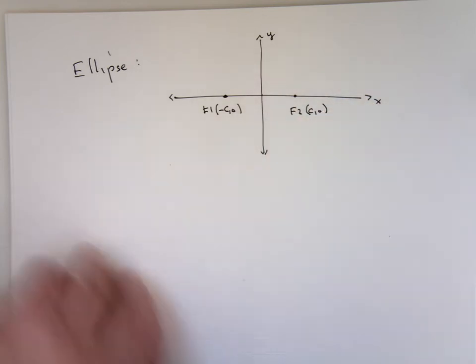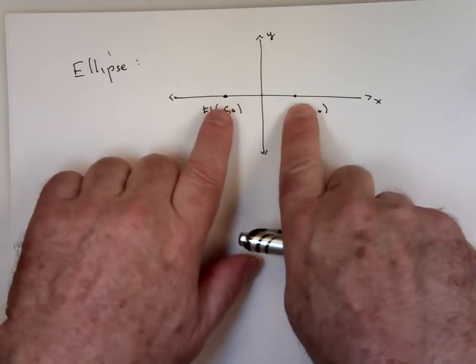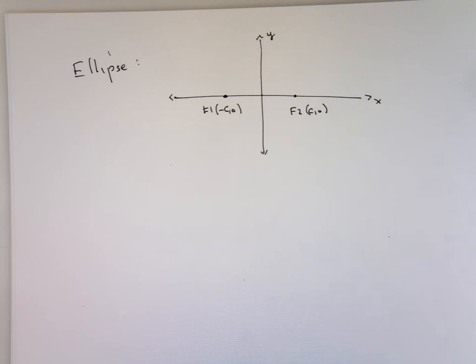Okay, let's start here. We want the set of points in the plane, the sum of whose distances from these 2 points is a constant. So, if we had these 2 points on a cork board with thumbtacks, and we took a constant length of string, and put one end here and one end here, and put a pencil here and went around so that the sum of the 2 distances is a constant, it would describe an ellipse.